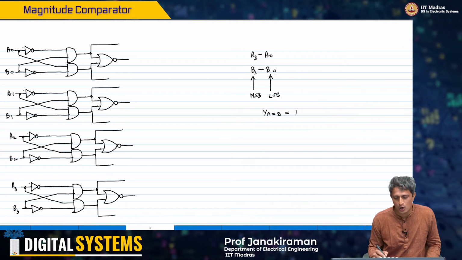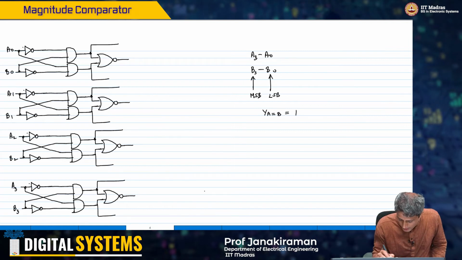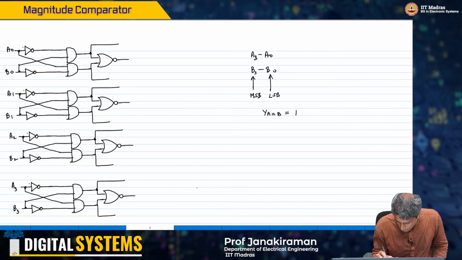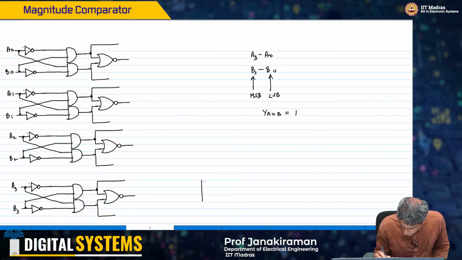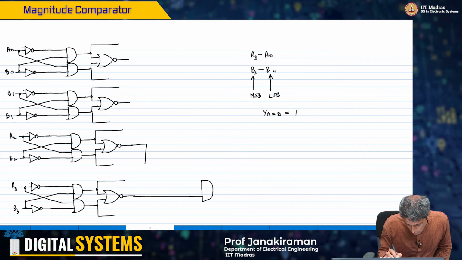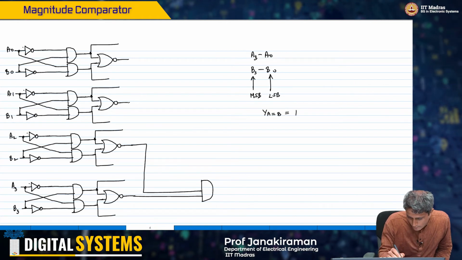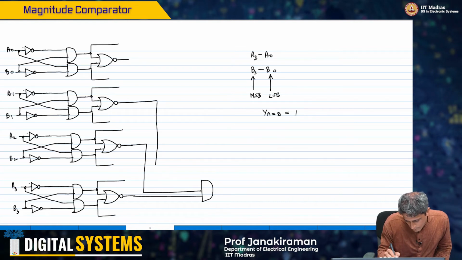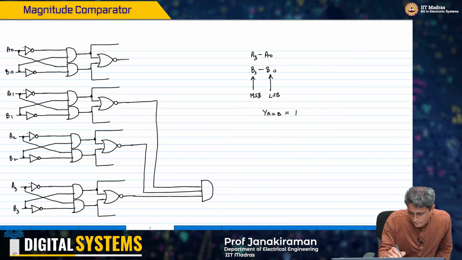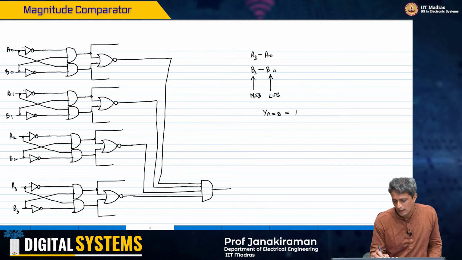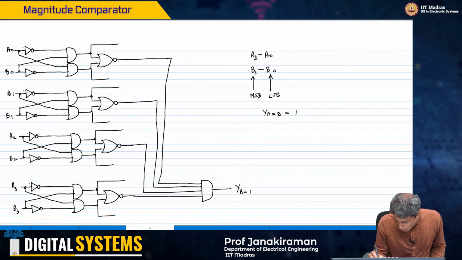So for now I will just say I have an AND gate like this, and this will give me Y A equal to B. Why?